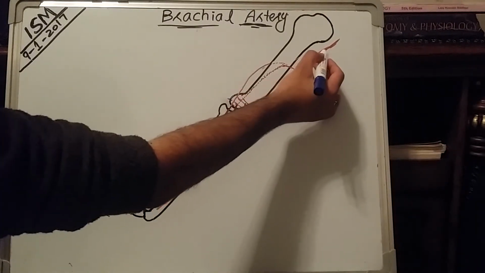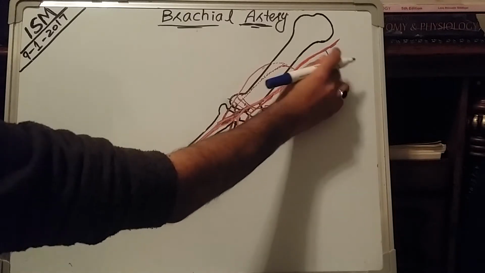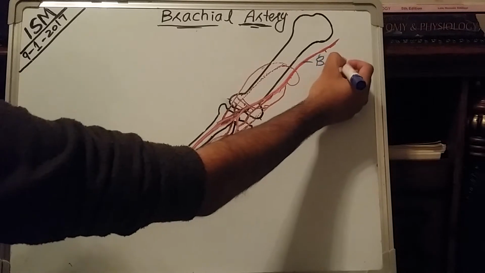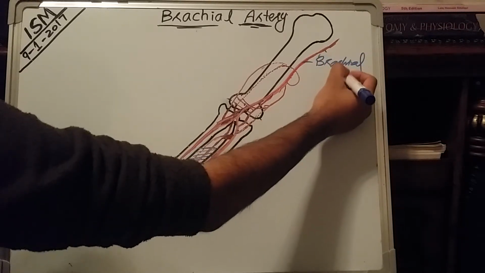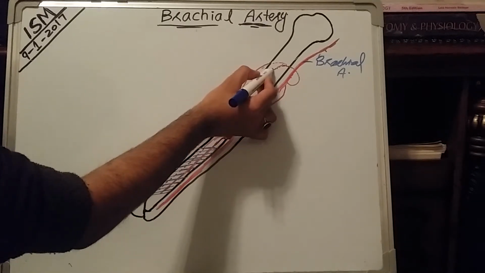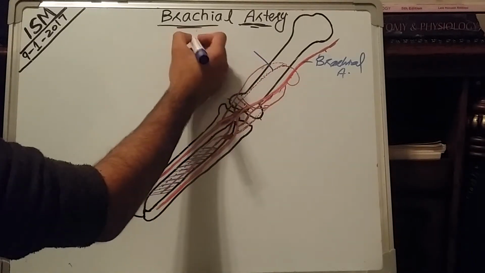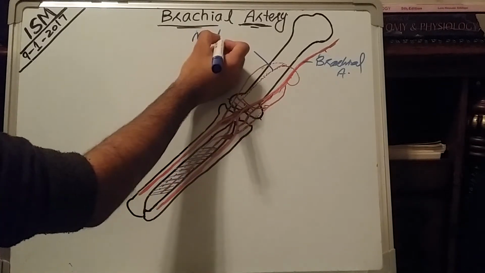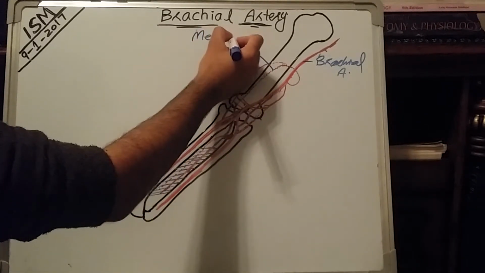This is the brachial artery. This is the medial collateral artery. I will write shorter names.